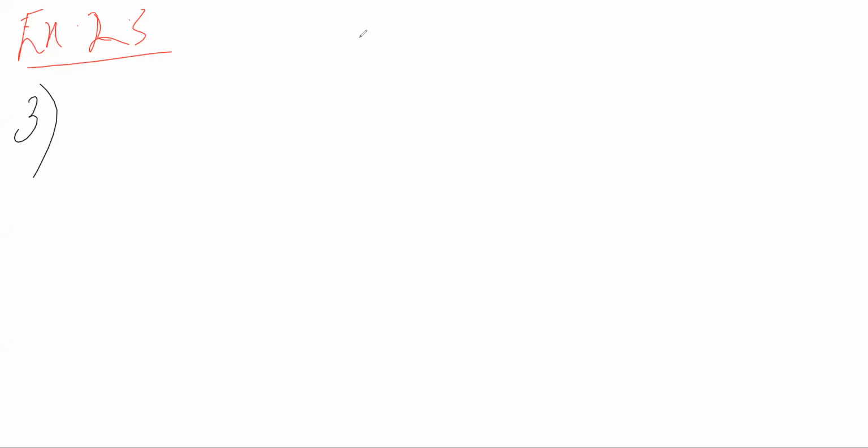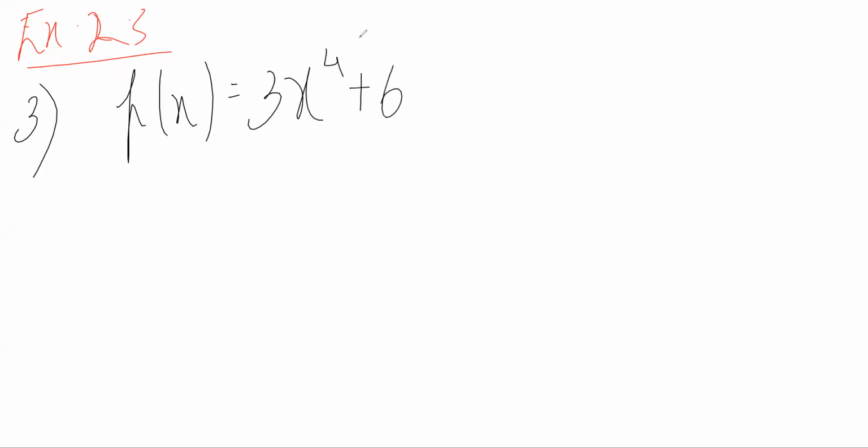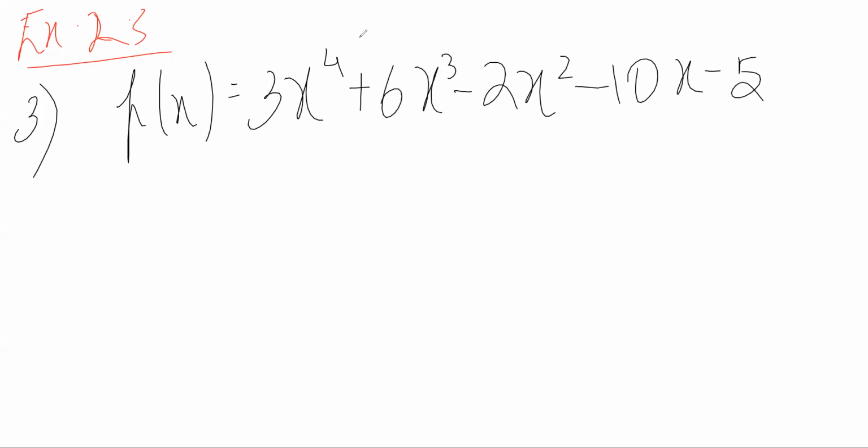So the p of x over here is 3x to the power 4 plus 6x cubed minus 2x square minus 10x minus 5. Okay.